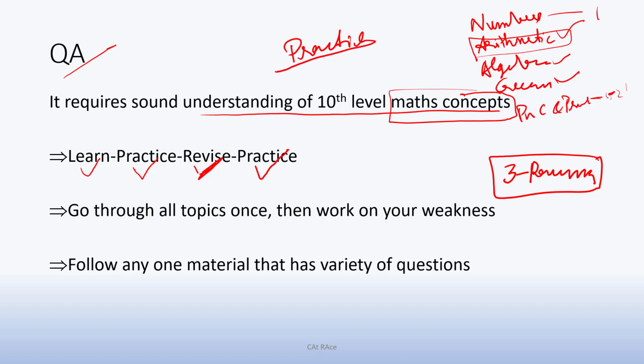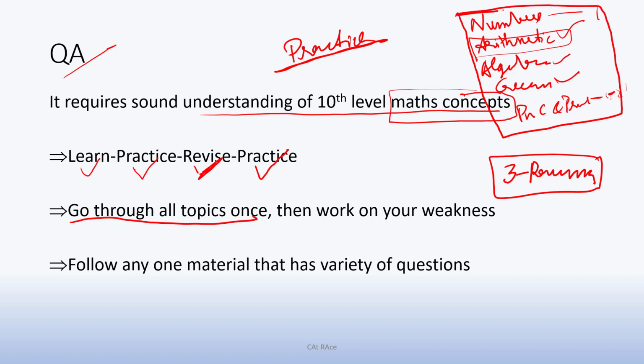So revise all your concepts at least 2 or 3 times, and practice questions daily, that will help you for the CAT. Go through all the topics once. You cannot miss any, because you have enough time from now.